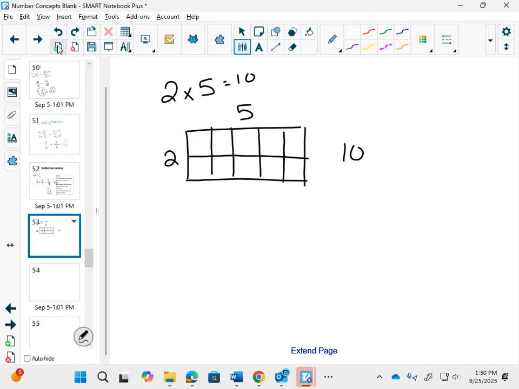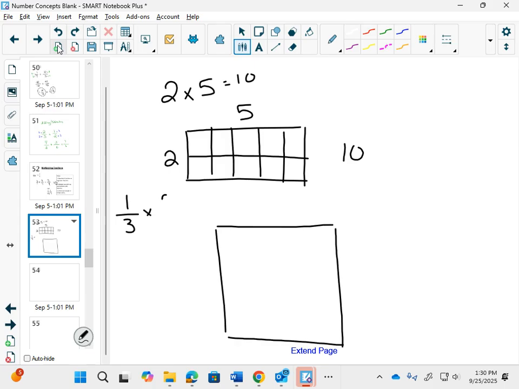Okay? Now, what does it mean to multiply fractions? I'll start off with smaller numbers. Let's say we wanted to do 1/3 times 2/5.